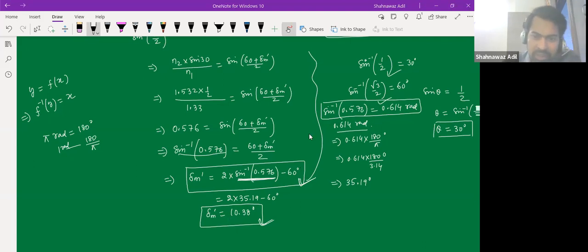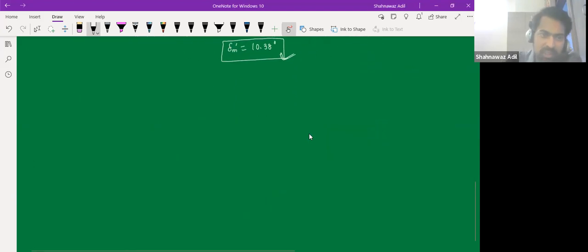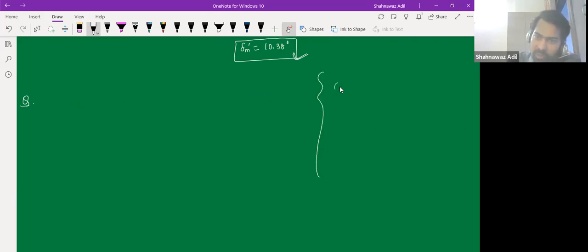So the next question is kind of a similar question, and that would be easy to understand, right? You guys already know about complementary angles, right? So what is sine of 90 minus theta?